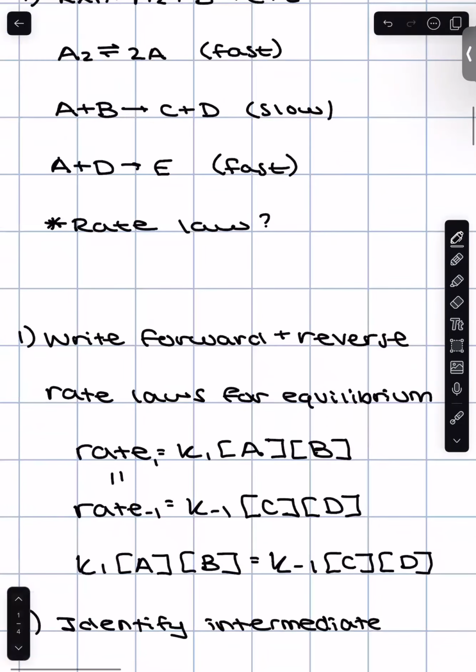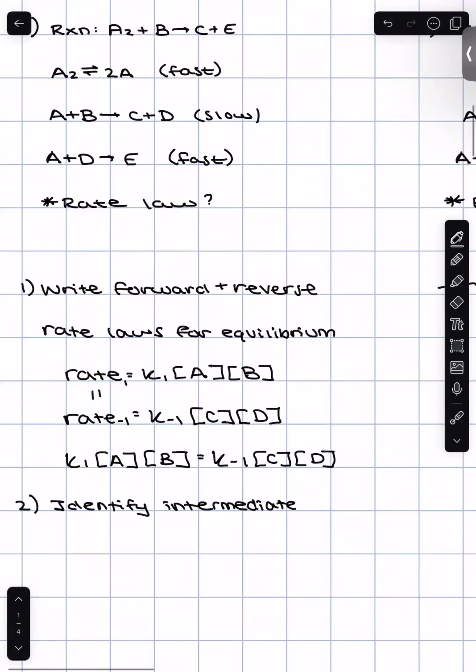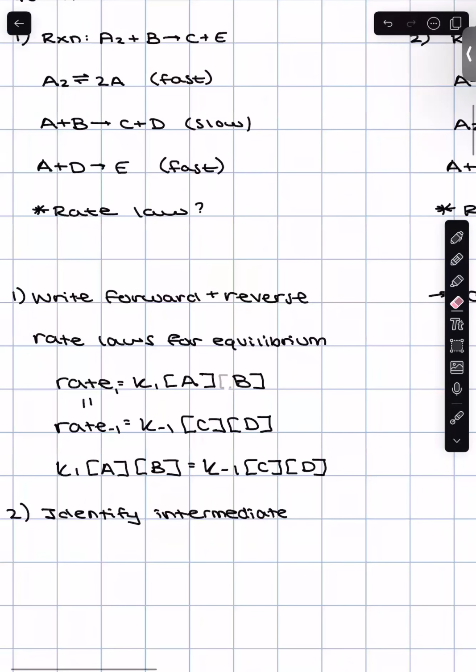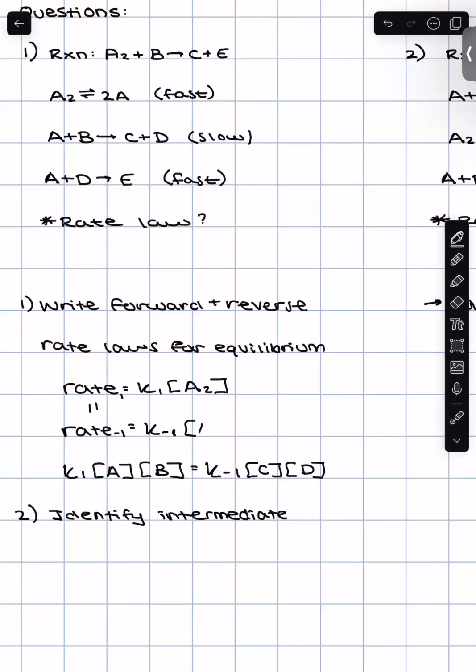I just realized I wrote it out wrong, that's my bad. My screen wasn't pulled down far enough. Oops. So this should be the diatomic A, and this one should be A squared.